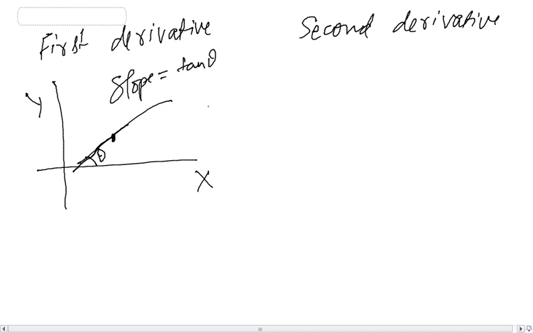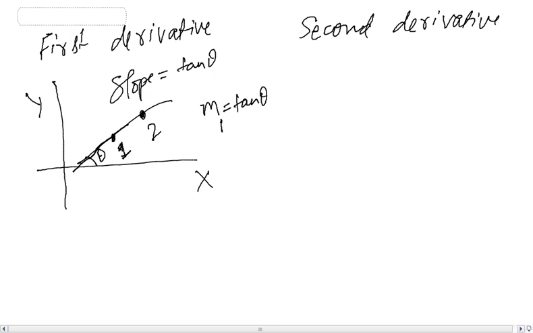Now, the slope will be tan theta at this point. Say this is point 1. Now take another point, point 2.